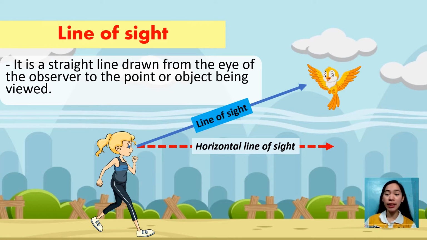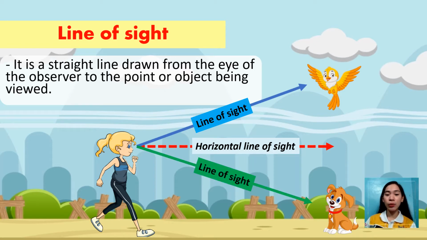Another example, if she saw below, okay, she saw a dog, it will also produce another line, which is line of sight. So depending on the object or point the observer viewed, it's either above the horizontal line or below the horizontal line.